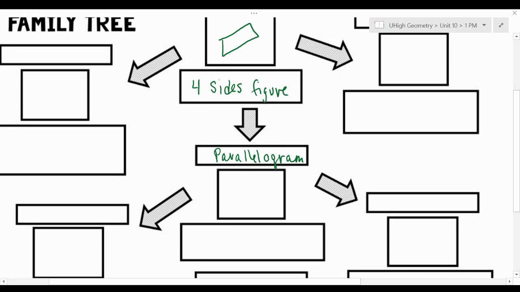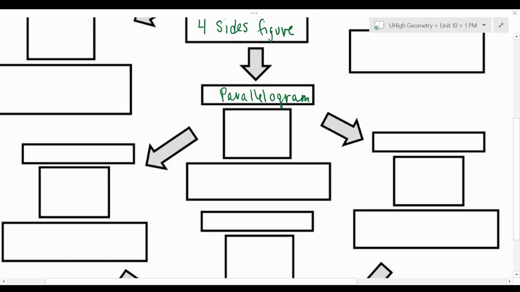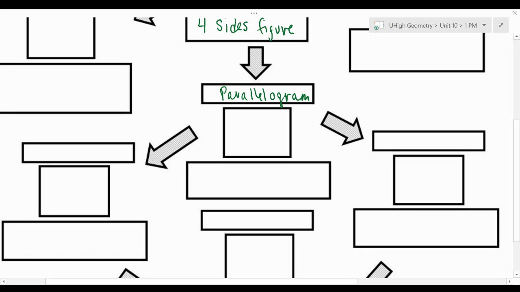If you're looking at your notes, a quadrilateral is a parallelogram if and only if both pairs of opposite sides are parallel.